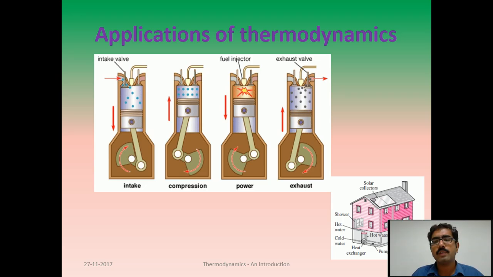Here also we can analyze how much energy we have recovered to convert cold water to hot water, how much energy is utilized and how much energy is wasted. These parameters we can find.